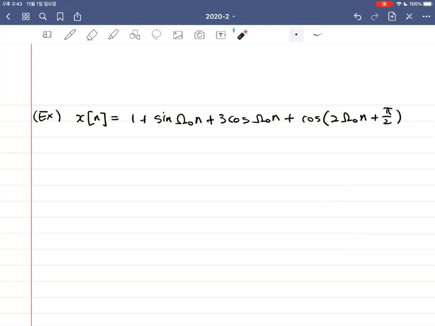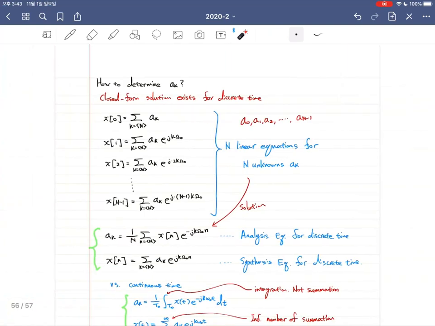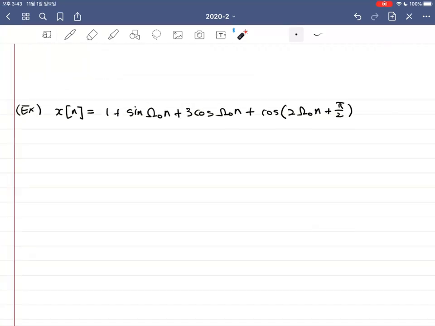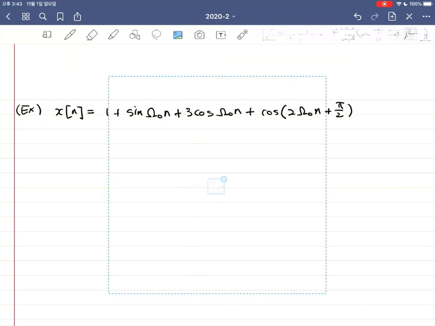If we insert this function into this formula, we can obtain this a_k. If you do that, then you will have this result.